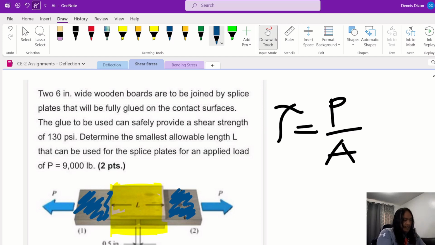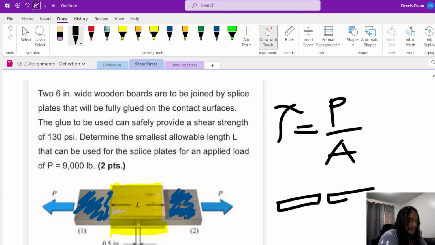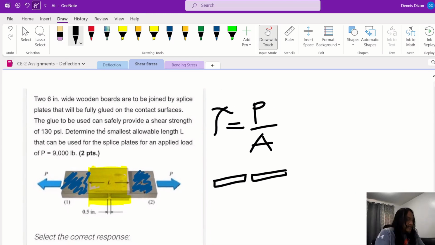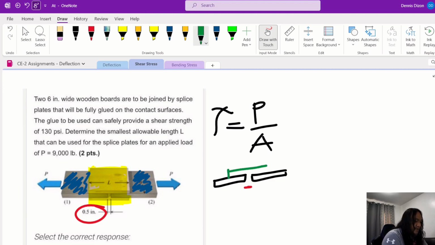If this is in 3D, and you look at that in elevation, so this is your plate, and then there is a gap of 0.5 inch. So there's a gap here, 0.5 inch, and then your splice plate is right here, top and bottom.